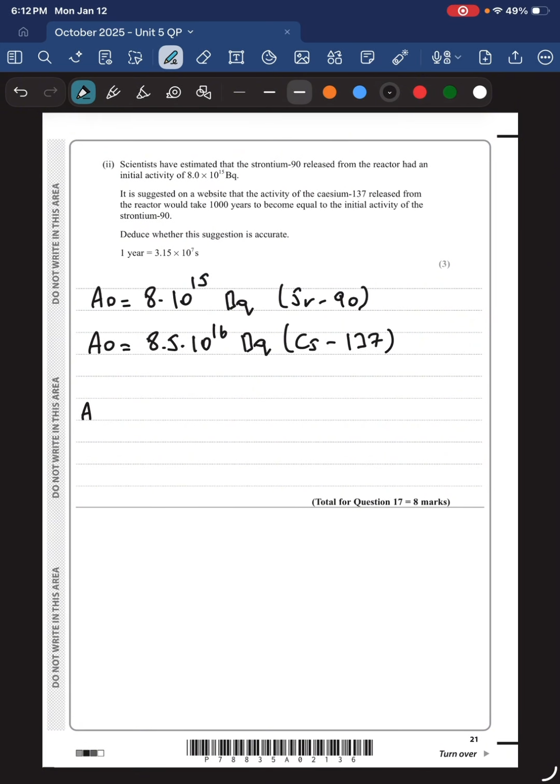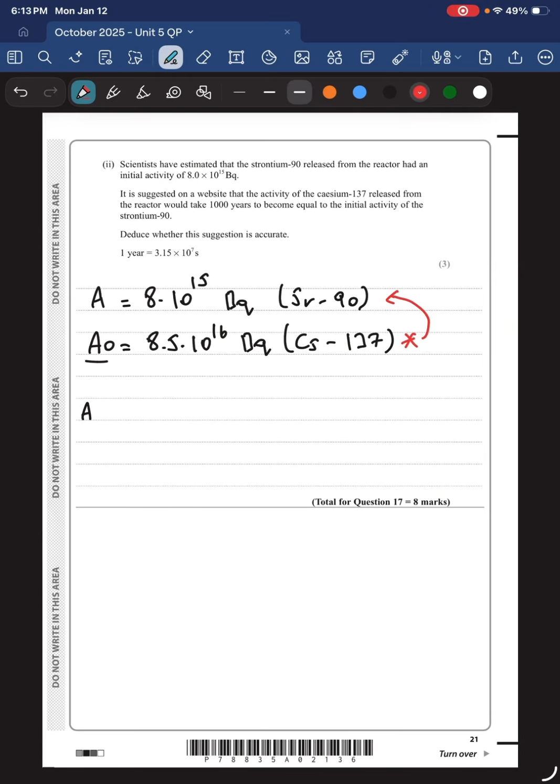So what are we interested in? Let's name this A, because this is the desired activity, and this is the initial activity of cesium-137. So we want to see how many years it will take for this nucleus to have this much activity.